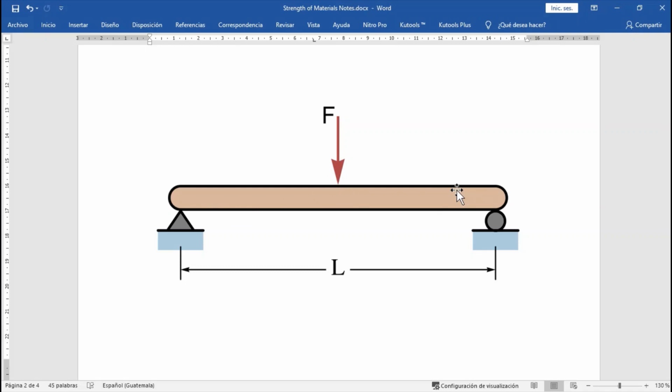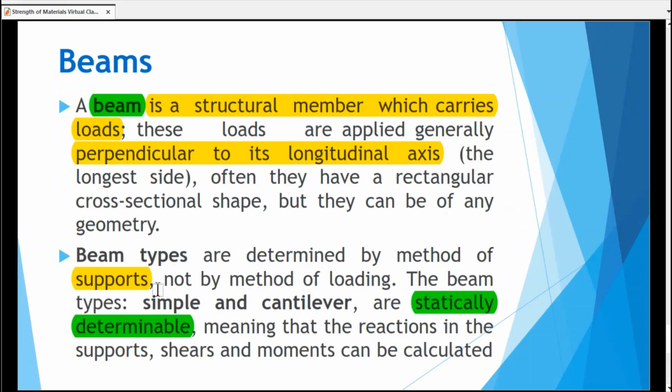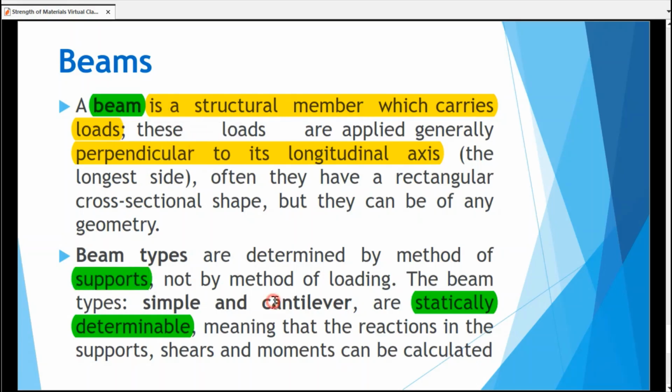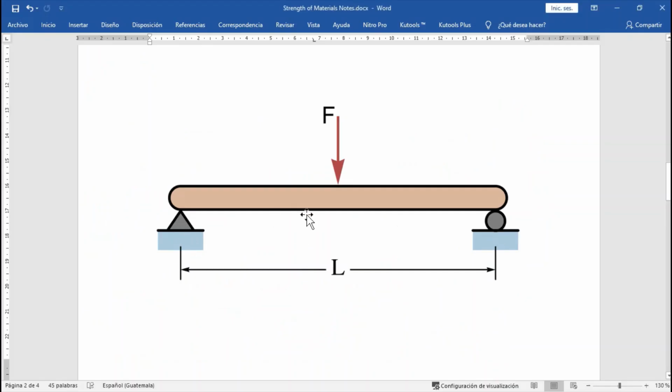But if it is not, and we have a diagonal force, it will always have components, right? So this little triangle here and this little circle are the supports. Remember that we were talking about supports. So the supports are precisely the things that hold the beam.